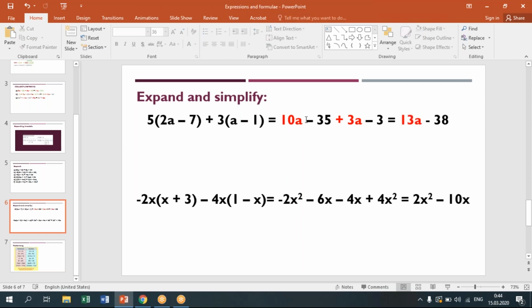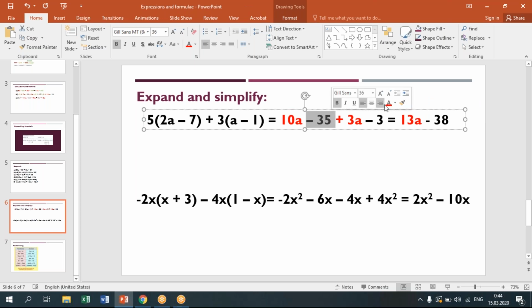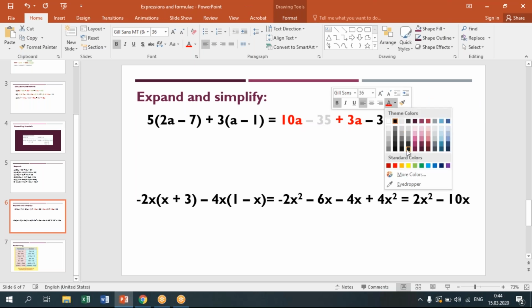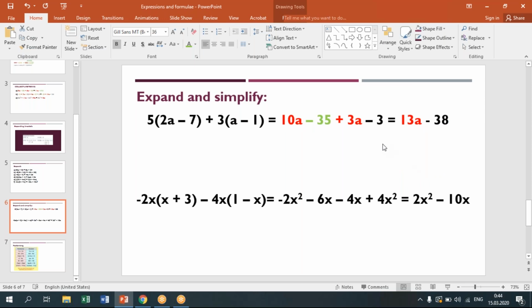What about this one? Negative 35 and negative 3. Negative 35 minus 3 will be negative 38.